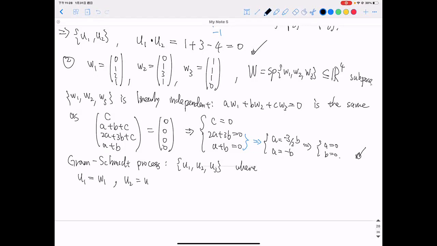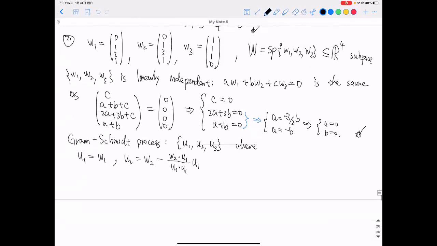U2 is W2 minus some multiple of U1, W2 dot U1 divided by U1 dot U1. So we need to compute this explicitly because we're going to need it for U3. Okay, so let's do that.